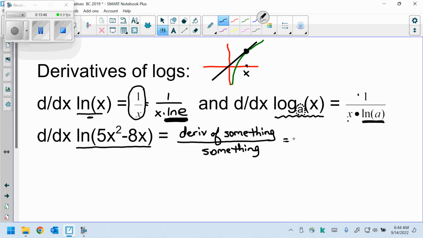So where I'm tempted to just say it's 1 over the thing in parentheses, 5x squared minus 8x, I've got to remember to multiply that by the derivative of what's inside. And the derivative of what's inside, the derivative of that something, is 10x minus 8.